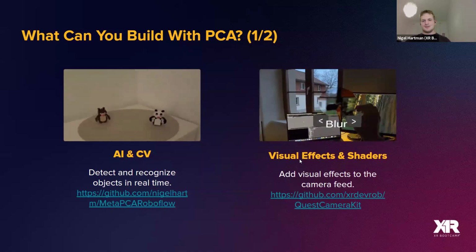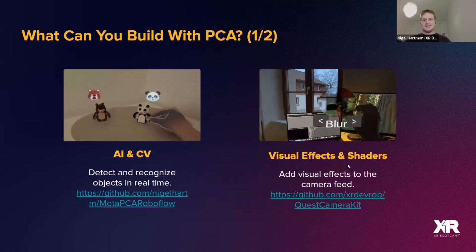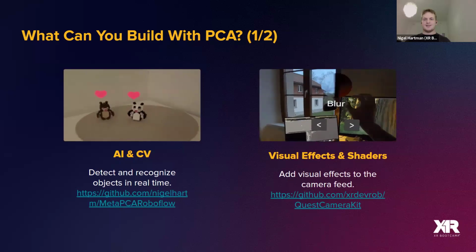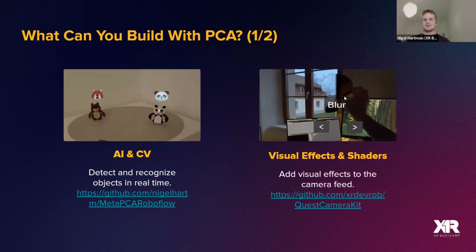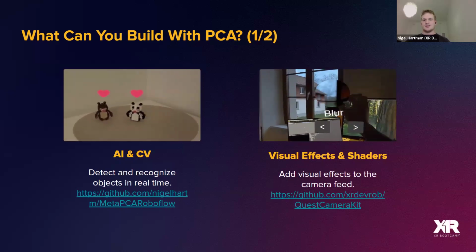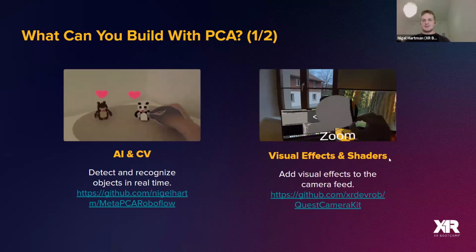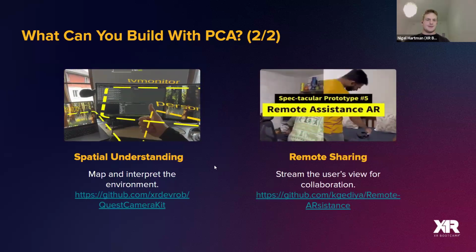You can also use it for really more artistic ways, I would say, like visual effects or shaders. You can see here the camera pictures used to blur the real environment or even zooming. And you can just get creative with shaders based on the camera picture.